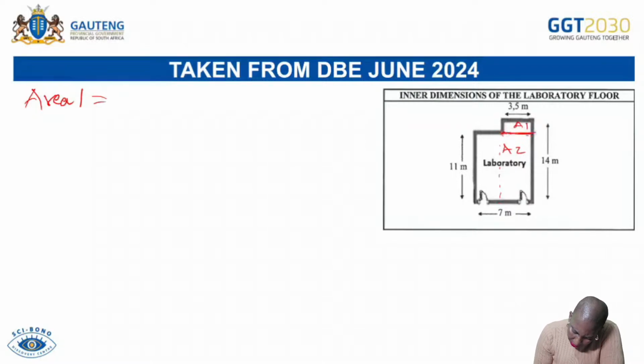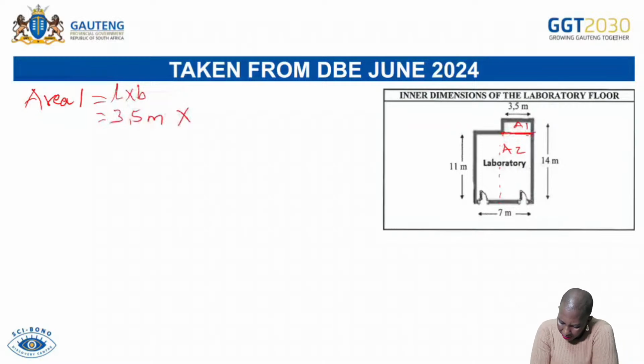So now, if I want to only tile this part, that means I will have area 1 whereby my length is what? It is 3.5. Remember the formula, it is length times breadth. And then it will be 3.5 meters. And then I am going to multiply it by what now? So meaning from here up until here, it is 14.